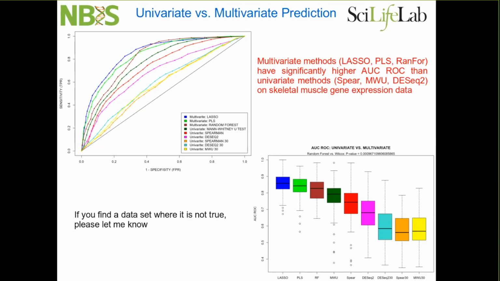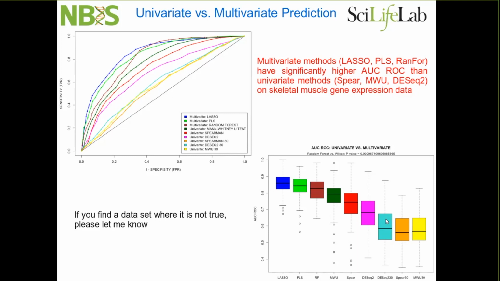And here I compare a few multivariate and univariate methods. It's hard to immediately understand what all these abbreviations mean. But briefly, the three top methods that have the largest area under the ROC curve are actually multivariate methods, Lasso, PLS, and random forest, while all other methods were univariate.